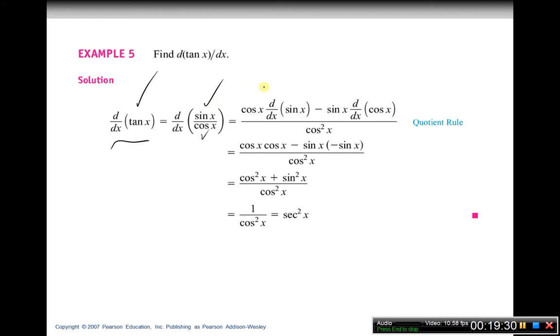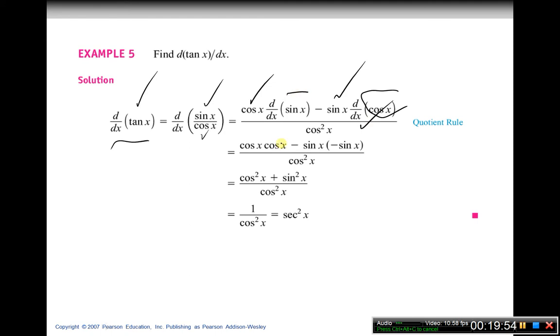It's the denominator, or the bottom, which is cosine of x, times the derivative of the top, derivative of sine of x, minus the top, times the derivative of the bottom, which is the derivative of cosine of x, divided by the denominator squared, which is cosine squared of x.